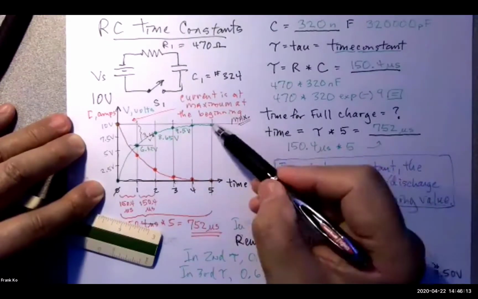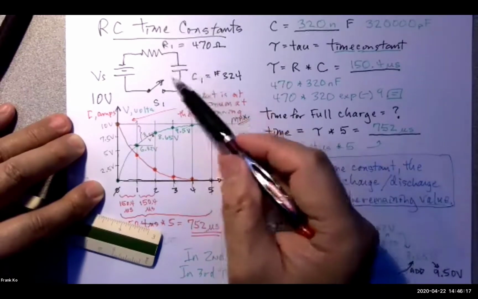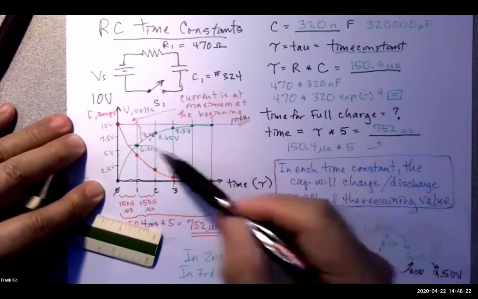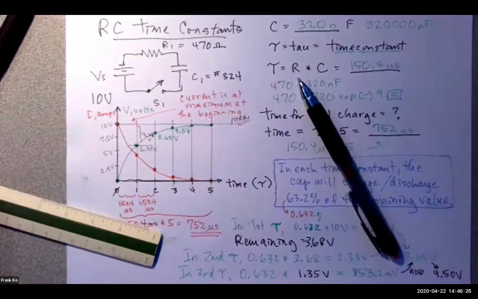So when this has reached maximum voltage on the green curve, when this reaches the full 10 volts on here, there's no more current flowing. So the curve goes down to 0. And that's exemplified by our previous here. And let me go back one.